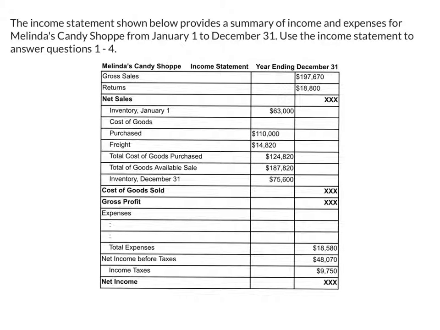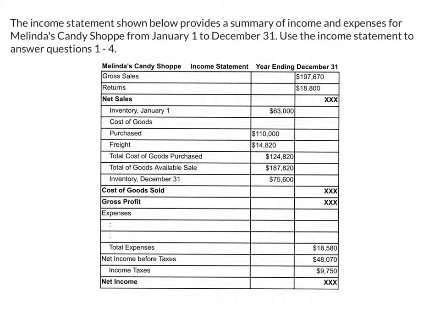The income statement shown below provides a summary of income and expenses for Melinda's Candy Shop from January 1st to December 31st. Use the income statement to answer questions 1 through 4. So here we have a sample income statement. Notice that several values are given to us.